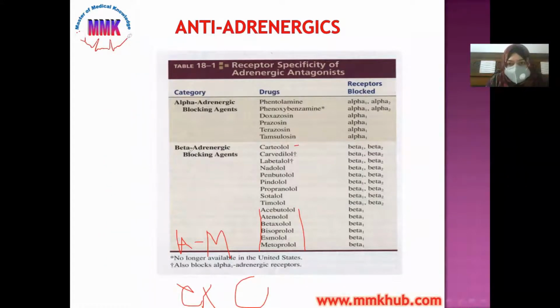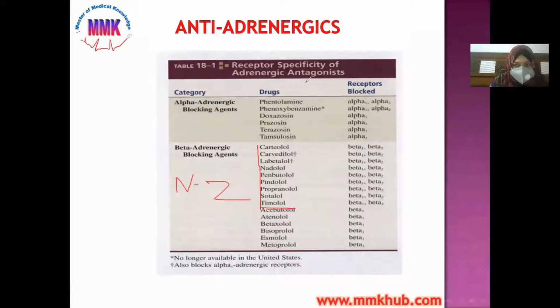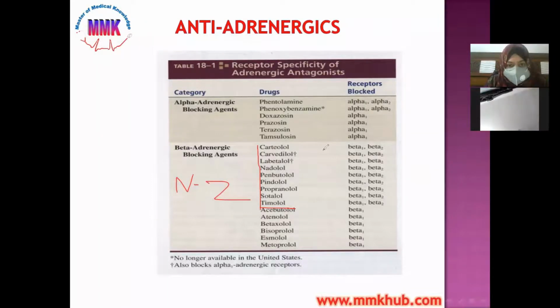So basically, the drugs starting from the letter N to Z, along with the letter C, are going to be the non-selective beta blockers.